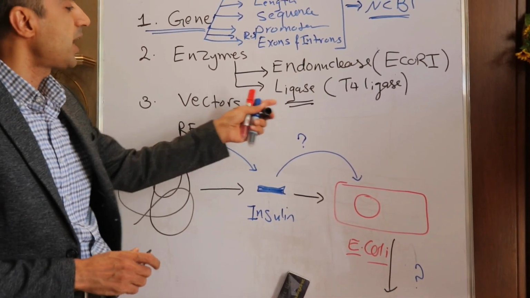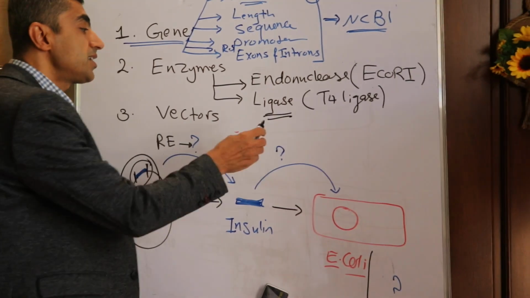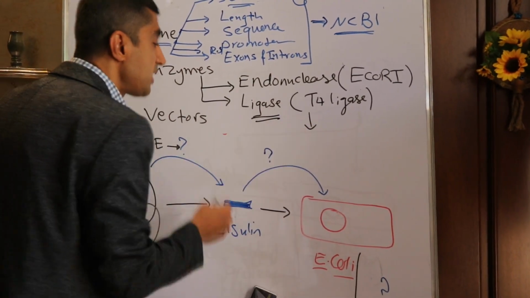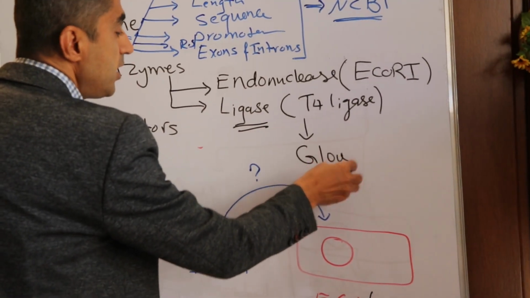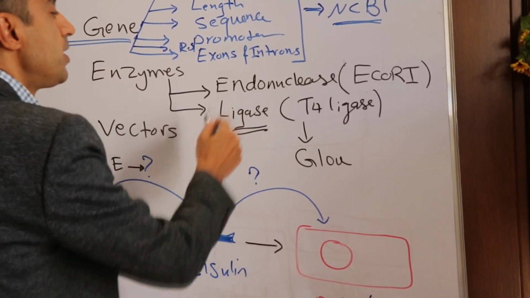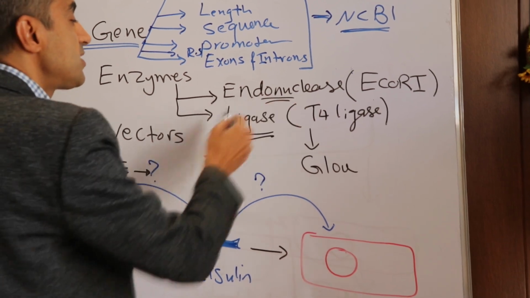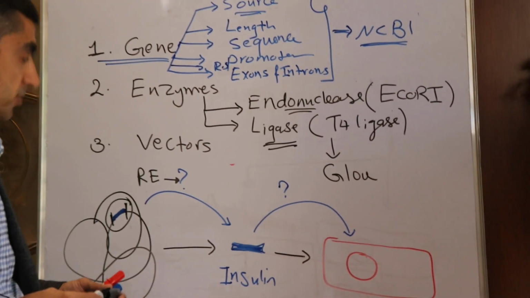And ligase acts as a glue, molecular glue, whereas the endonuclease acts as scissors.